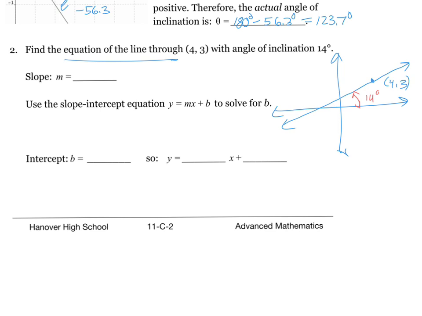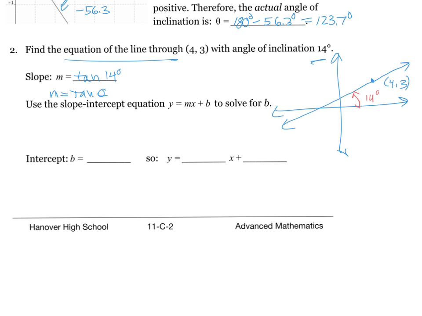The slope, if you think back to the previous page, is equal to the tangent of the angle. Well, I know the angle. It was given to me right here. It's 14 degrees. So the slope is equal to the tangent of 14 degrees.